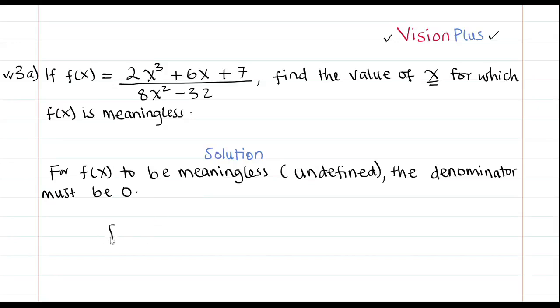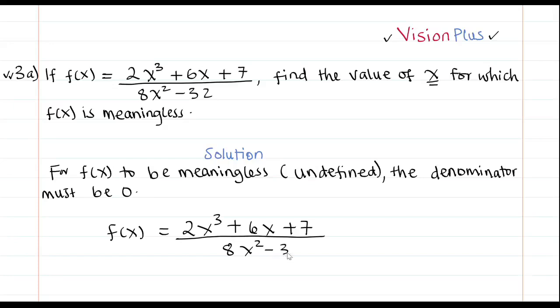So if you look at the function given, f of x equals 2x cubed plus 6x plus 7 all over 8x squared minus 32, our focus is always on the denominator. We need to find the values of x that make the denominator 0. So how do we get those values of x?